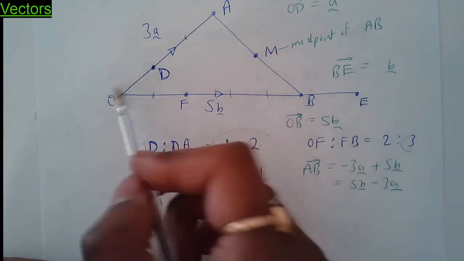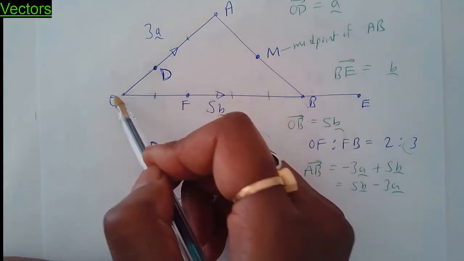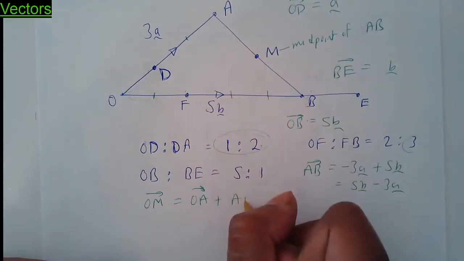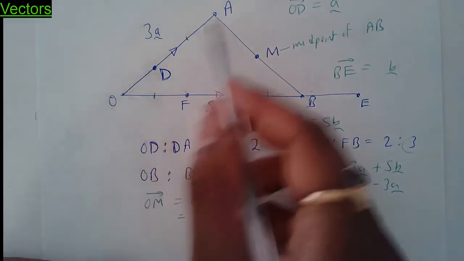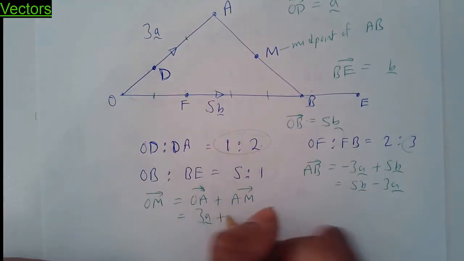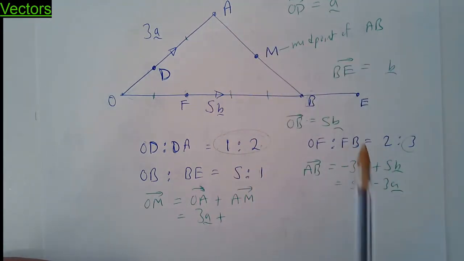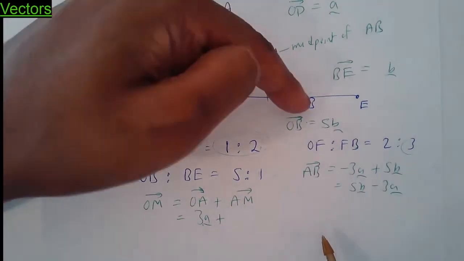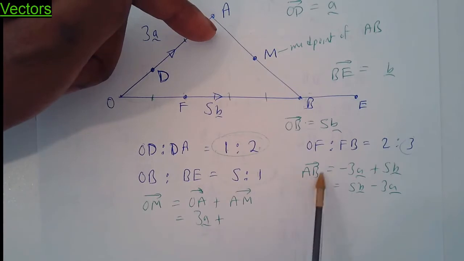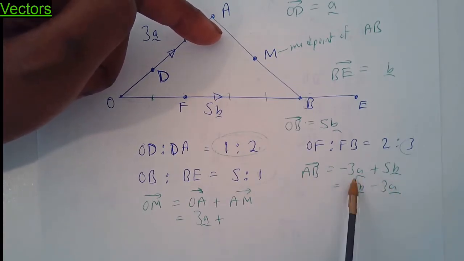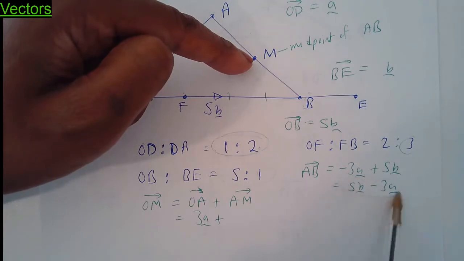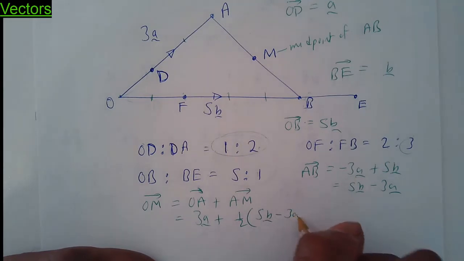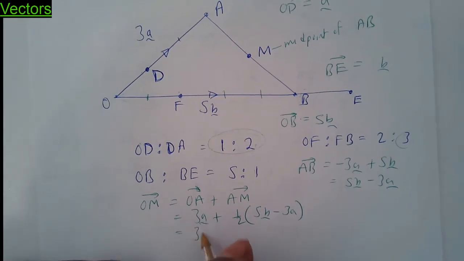Right, to get from O to M, I'll take this route. I'll take O to A, followed by A to M. O to A, we've already got as 3a, and then A to M is in that direction. It's going to be half the size of A to B. Remember, A to B we've got over here, but A to M is going to be half of that. You can simplify this.